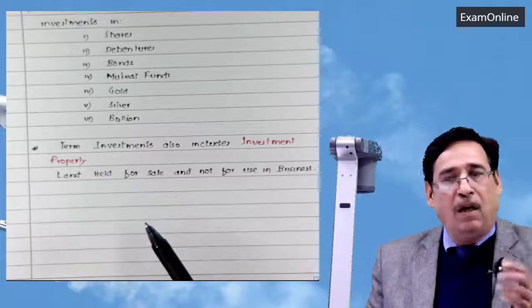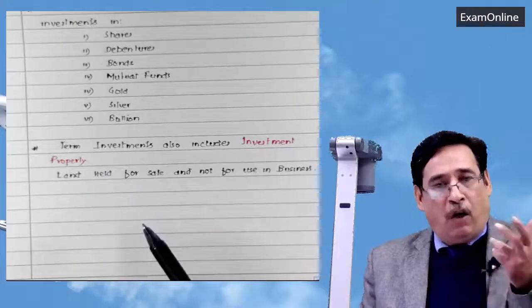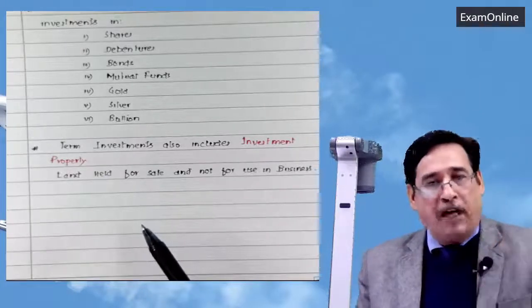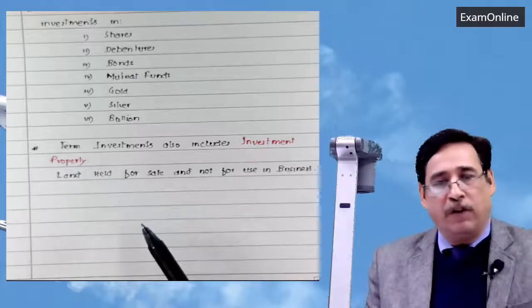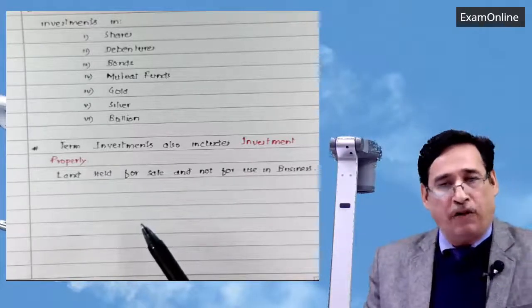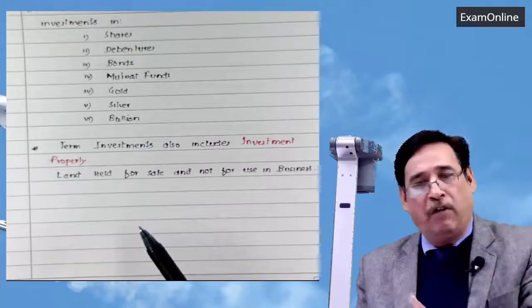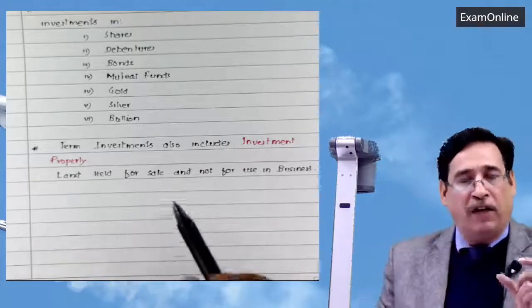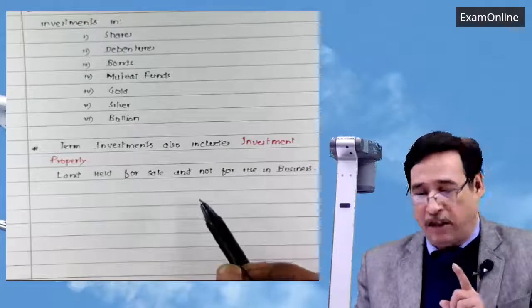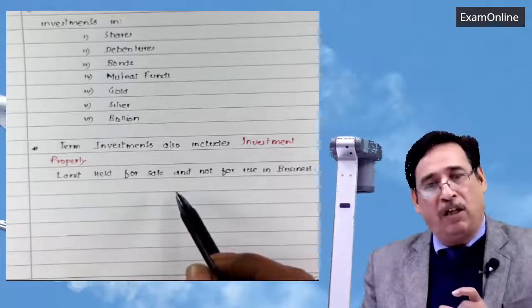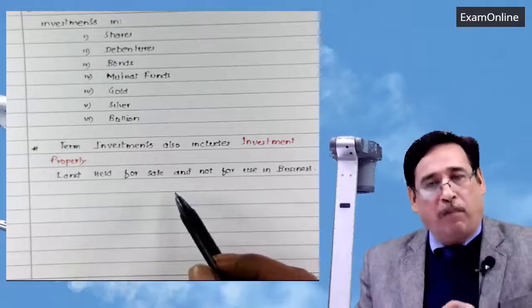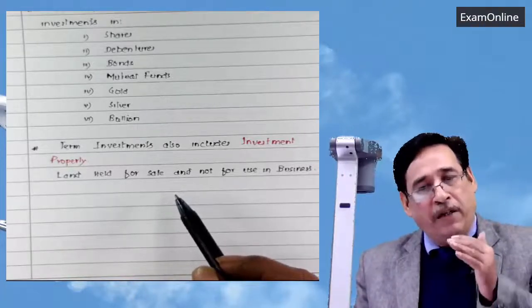It means the amount you paid to acquire that investment property. Suppose I purchased the land for 10 lakh and its value at the end of the year is 15. As per AS10, such investment property will be measured at the cost model, that means at 10 lakh.